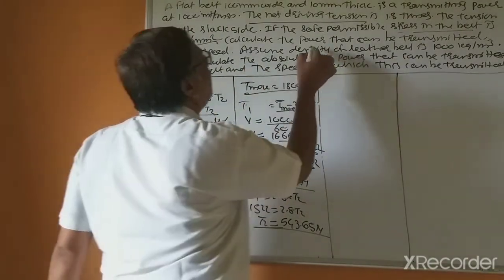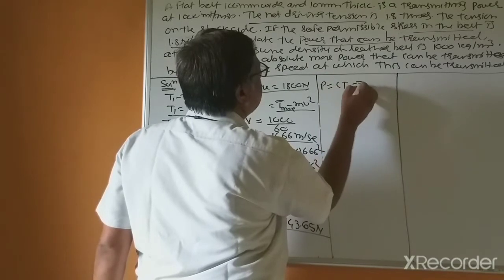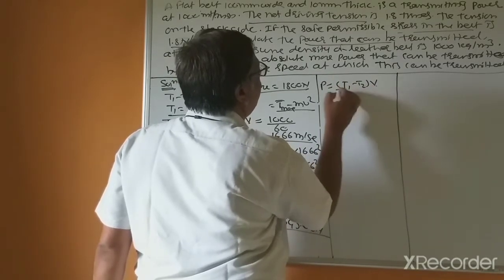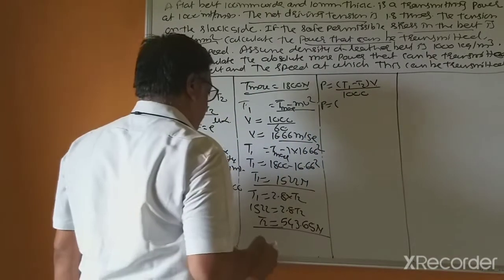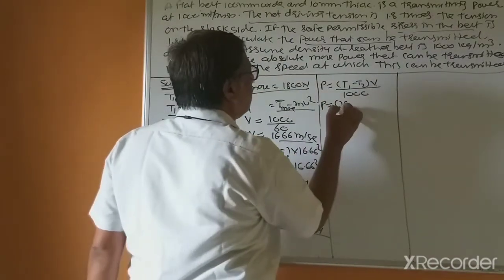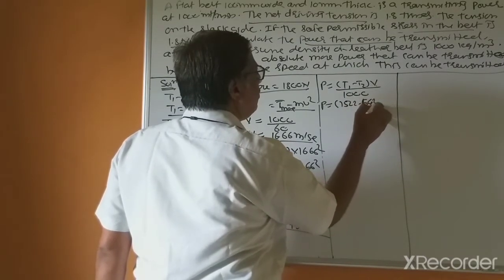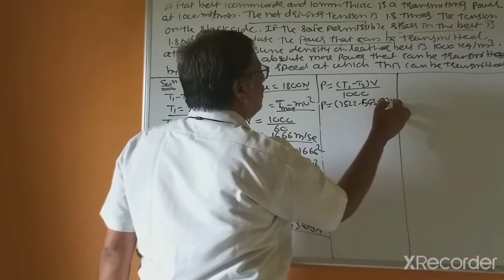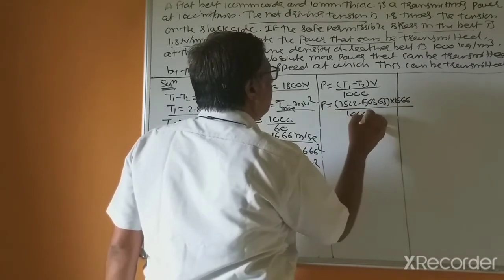Now calculate the power that can be transmitted. Power equal to formula (T1 minus T2) into V divided by 1000. So 1522 minus 543.63, into 16.66, divided by 1000.